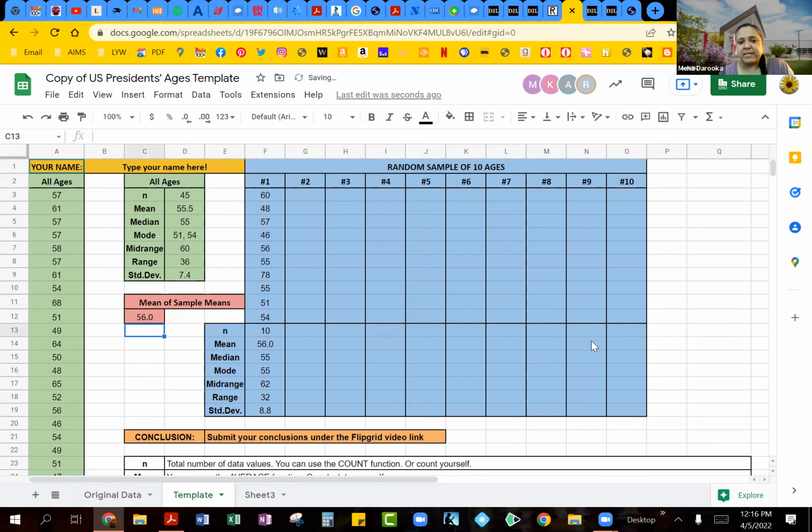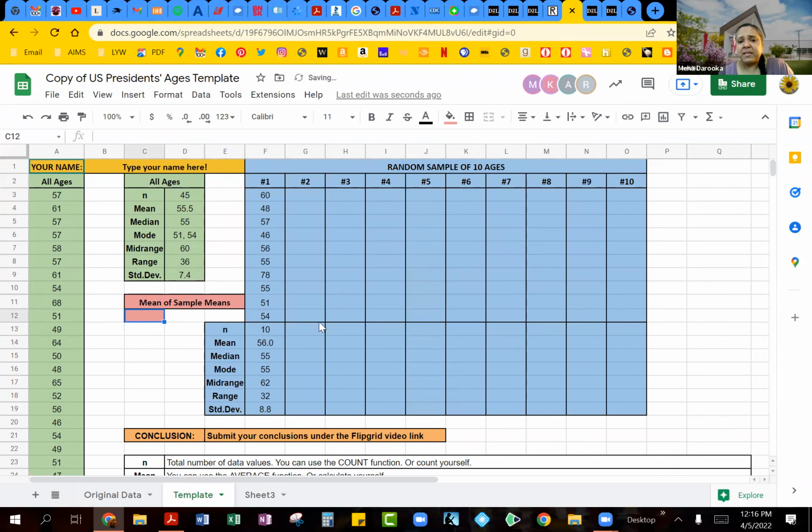And calculate and see what that number comes out to be, which I don't have any numbers except the first one, so that's what it will come out to be. But you're supposed to find the mean of all of these sample means, and then you will be comparing this mean of sample means here with the mean from all the ages to see: are they the same, are they different, what do they tell you about the data set.